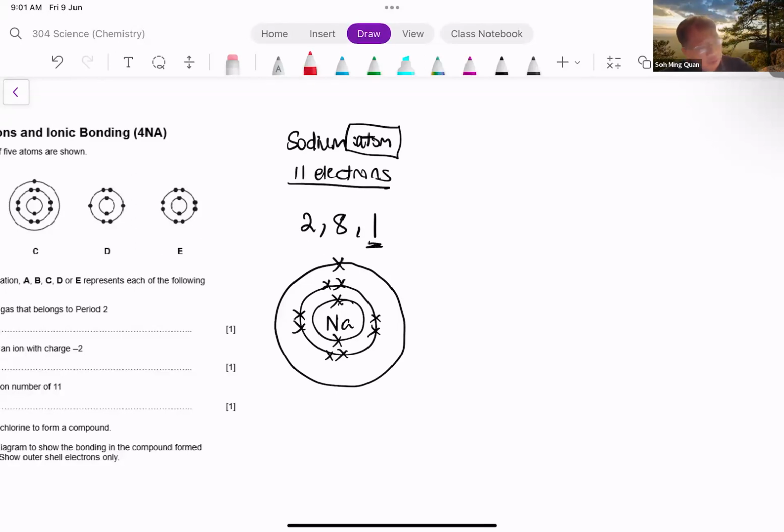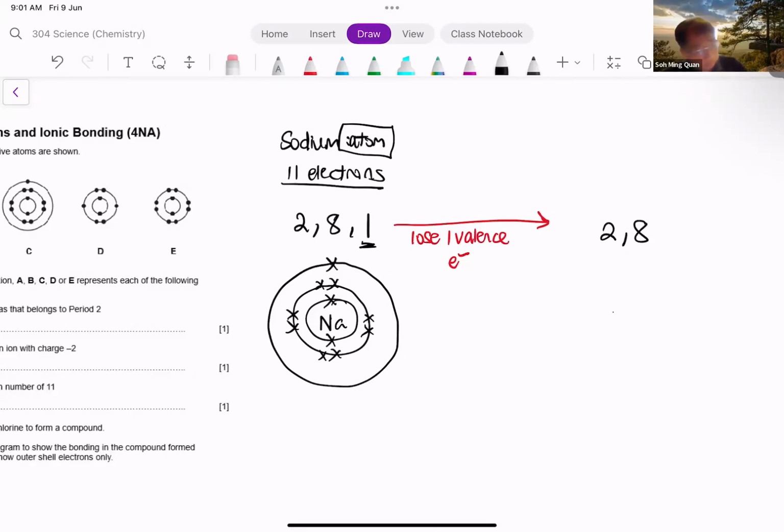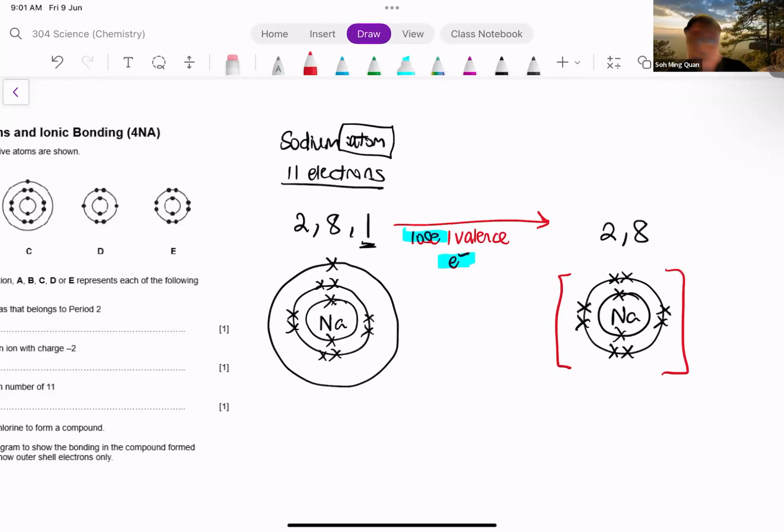Now, the atom of sodium clearly is not going to be very stable because it has 1 valence electron. It will lose 1 valence electron, so it becomes 2, 8. We are also able to draw that 2, 8. However, it has lost electrons, so it cannot simply be uncharged.